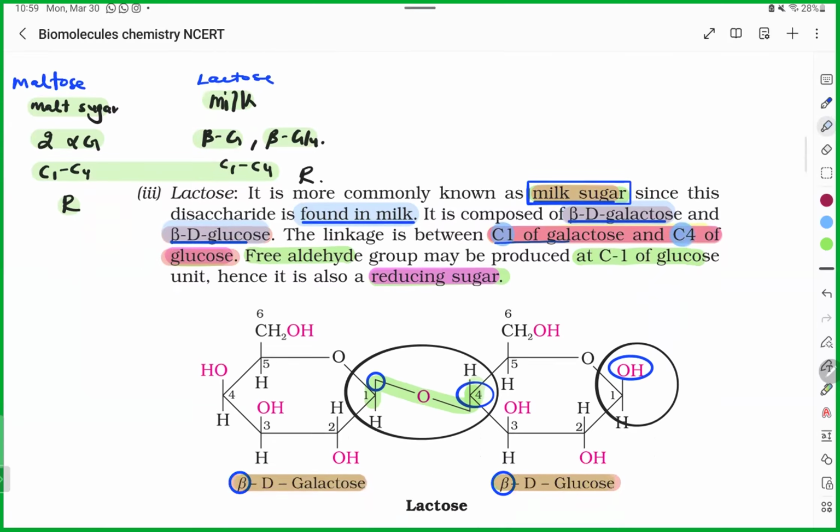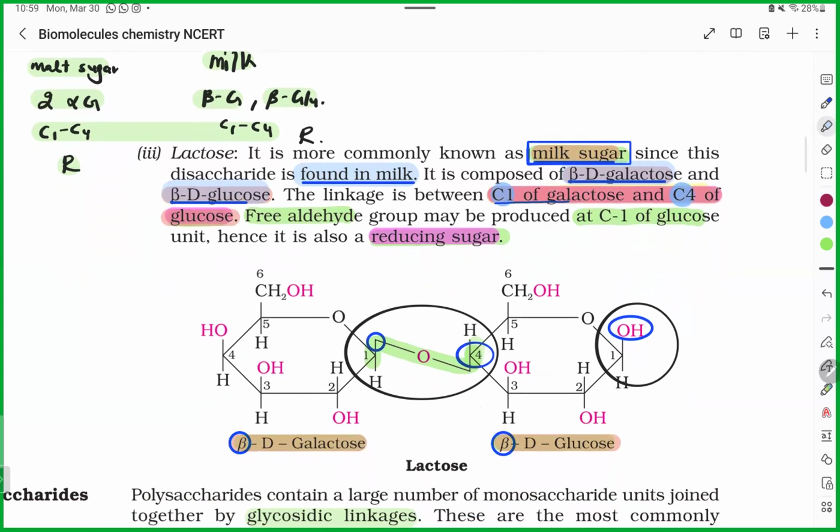If you see this, galactose beta, glucose beta, galactose first carbon, glucose fourth carbon. Correct? Here, at first carbon, it is free. That's why it is reducing. Any doubt, guys?